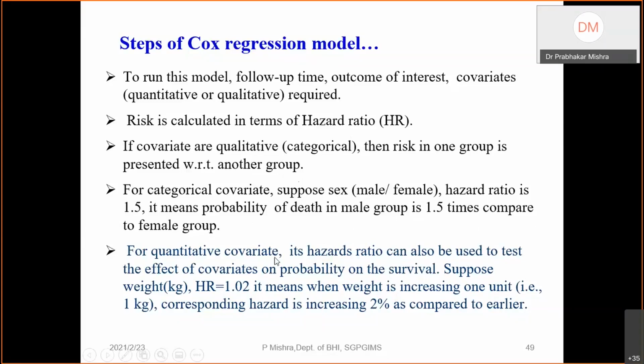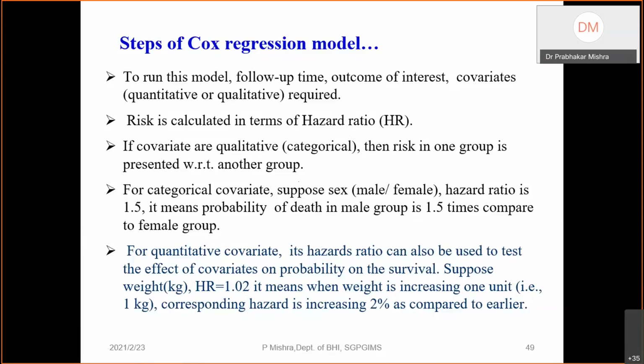For a quantitative covariate, the hazard ratio can also be used to test the effect of the covariate on the probability of survival. Suppose the hazard ratio is 1.02 for weight, and weight is given in kg.